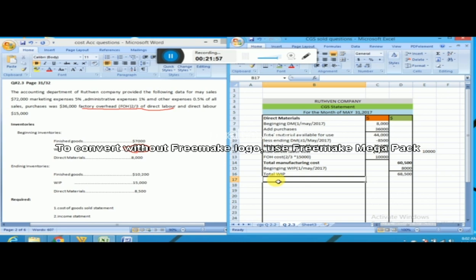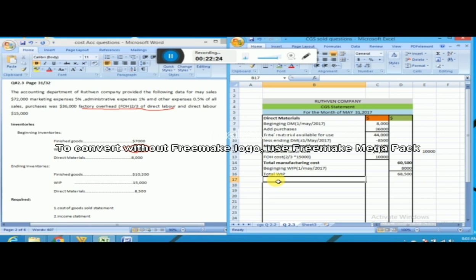Why? Because the current month's work in process is not converted to finished goods. It will be converted to finished goods in our upcoming months. So from the current month it needs to be subtracted, to find out the exact cost of the work in process.